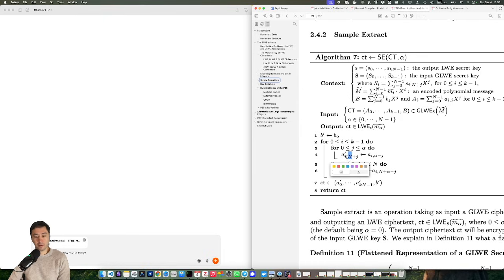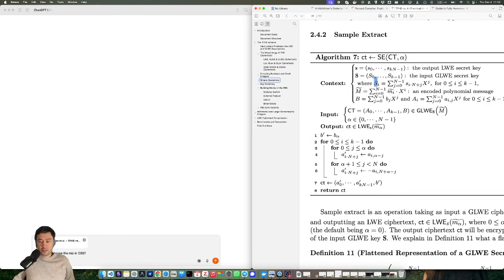Or so 1 times n. Oh, but n is like, no. What is n? This is tough, but n is the size of the vector of these vectors, right?